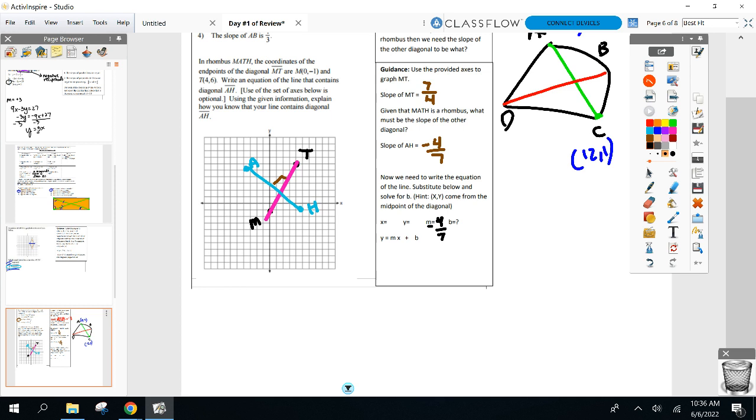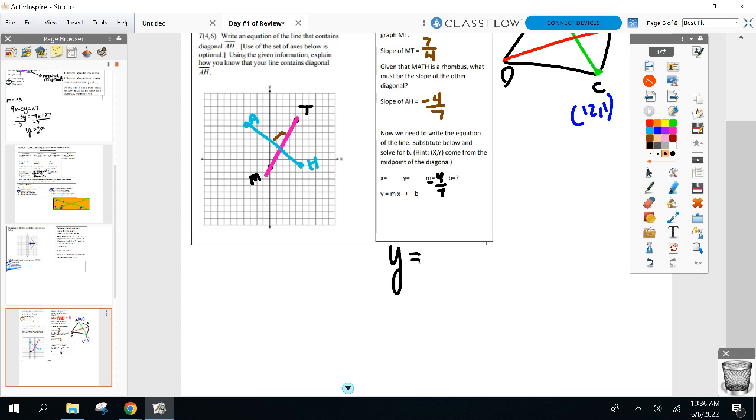How do we get the b value? I plug everything I have into y equals mx plus b and solve for b. What's one thing we already know about this new line? Slope.